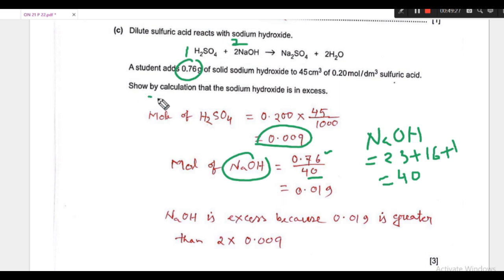Now show by calculation that sodium hydroxide is in excess.